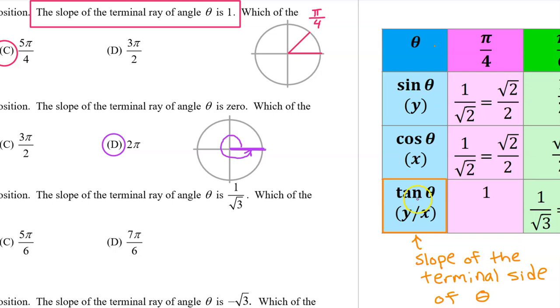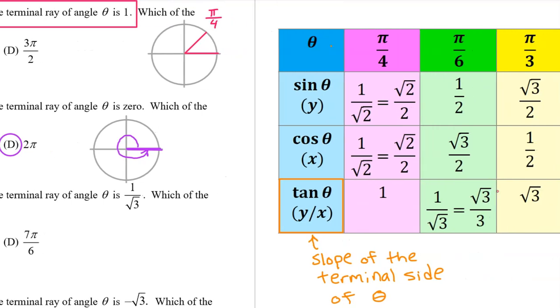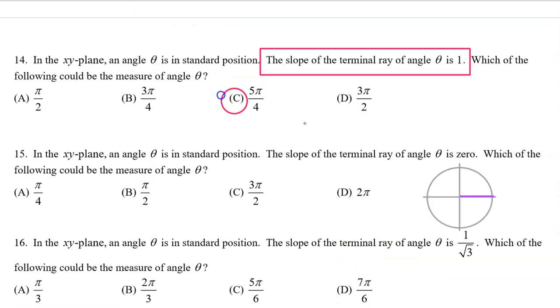So the question became, the tangent of what angle is 1? And if you have memorized these 9 facts, you know that the tangent of pi over 4 is 1. So that's another way we could know that the reference angle is pi over 4. And then you go from there as I did before.